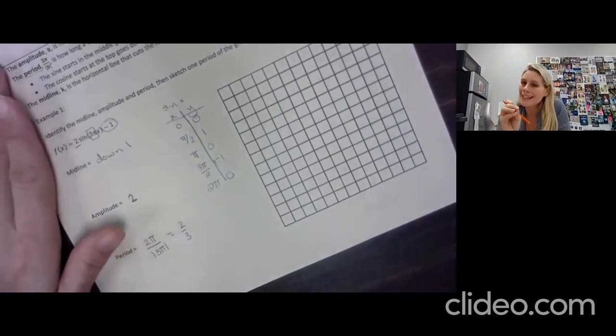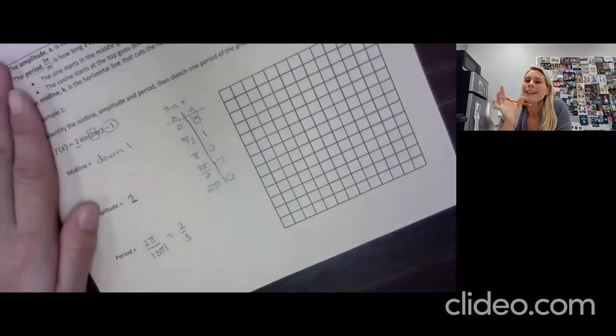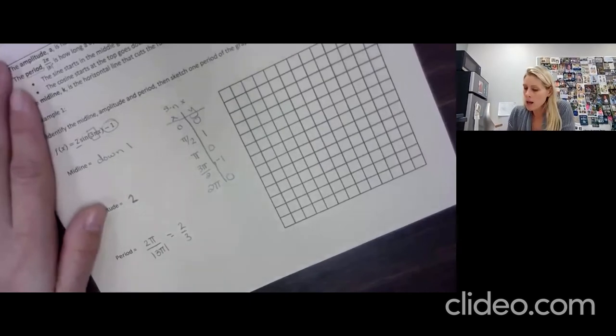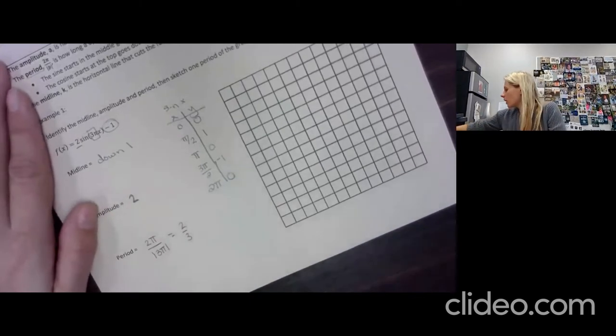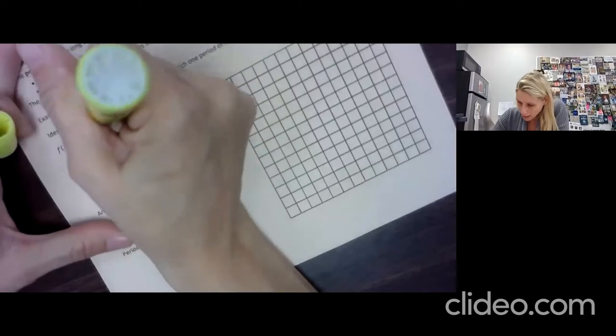anything on the inside, we do to X, but we have to do the opposite of what we're thinking. And then on the outside, we do it to Y in order from left to right. So let's start with our Y's. On the outside of this function, we have 2 and -1.